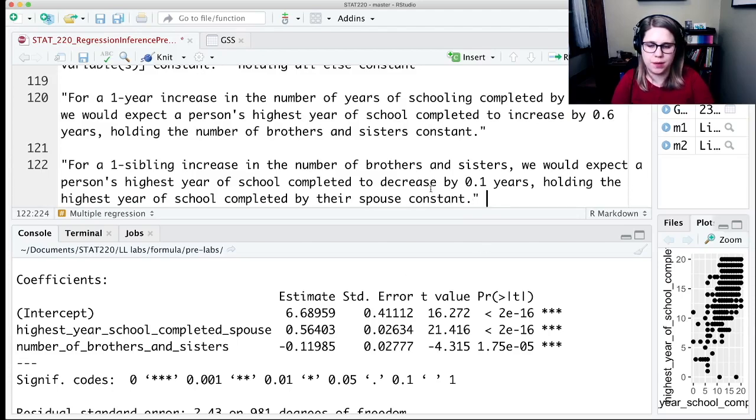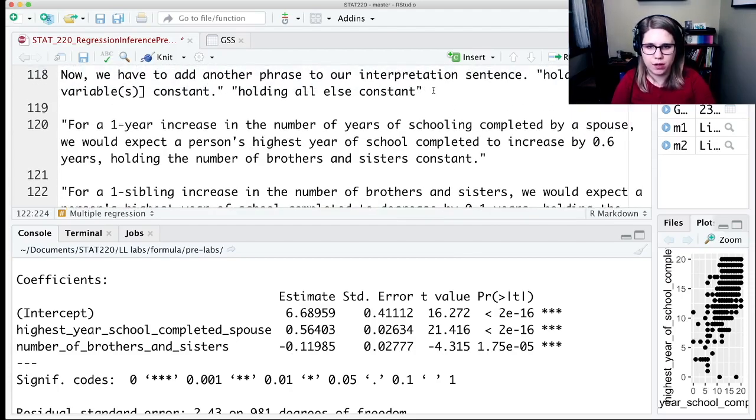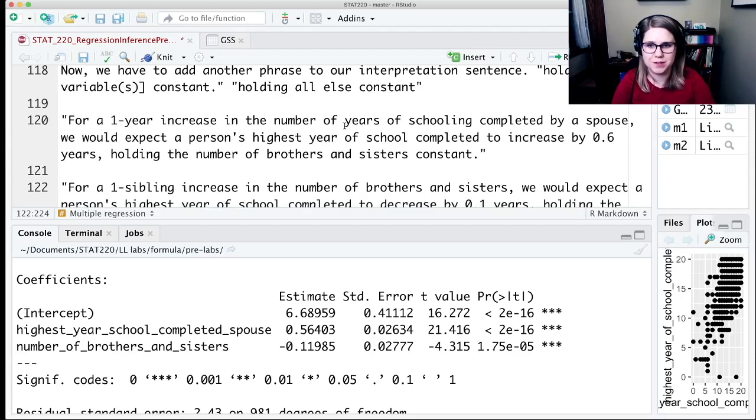So this is the main difference when you're doing multiple regression: you have to say holding all else constant or holding the other variables constant.